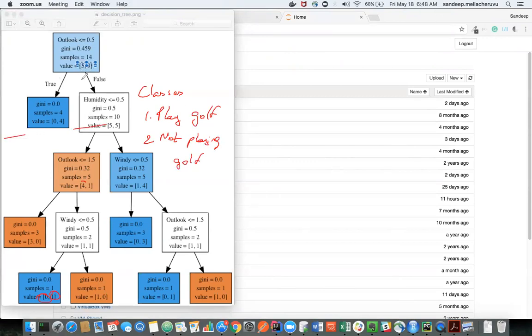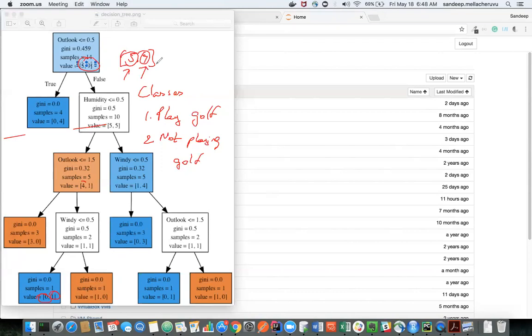My data is like this, which is 5 comma 9. What is it saying? It's saying 5 times I did not play golf and 9 times I played golf.